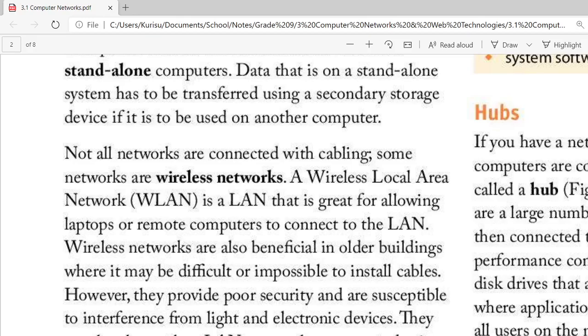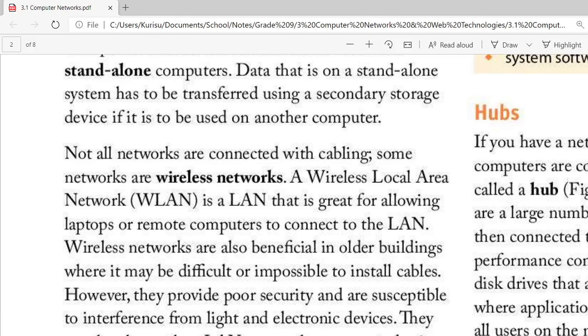So in order to connect devices that do not allow you to plug in a cable, they would have their connection done wirelessly. For example, your phone, your laptop, and so on. They need to be a part of the wireless network, and that configuration is referred to as the wireless local area network.